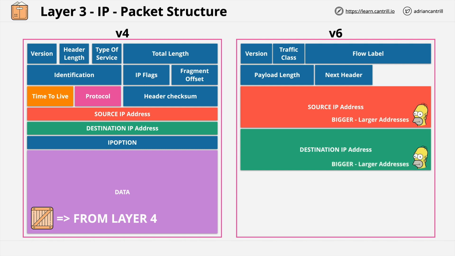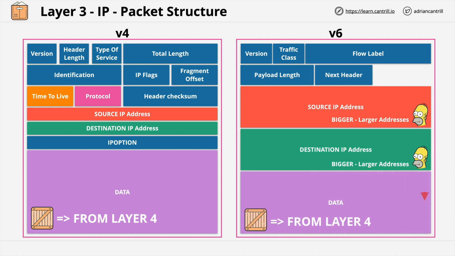IP version 6 addresses are bigger, which means there are more possible IP version 6 addresses. And I'm going to be covering IP version 6 in detail in another lesson. It means though that the space taken in a packet to store IP version 6 source and destination addresses is larger.